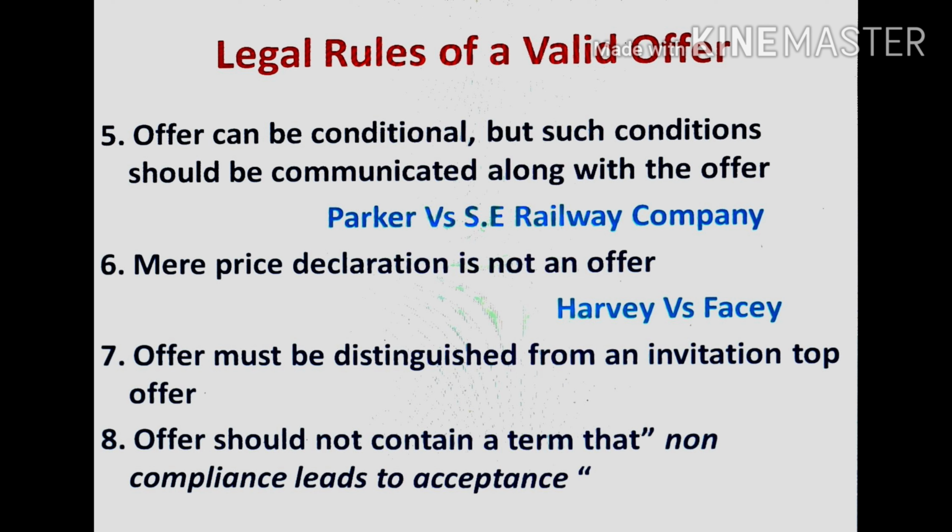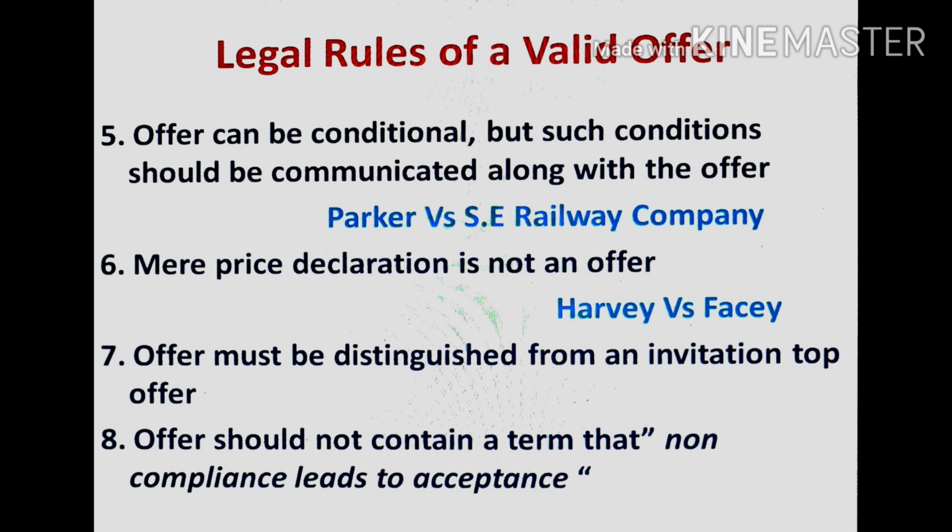Let us take case 2 to illustrate further. Parker versus Southeastern Railway Company. In this case, one person, Mr. Parker, went to a railway cloak room and deposited his baggage in it, and obtained an acknowledgement, that is a ticket. On the front of the ticket, that is the acknowledgement, there was one line: see backside for terms and conditions.